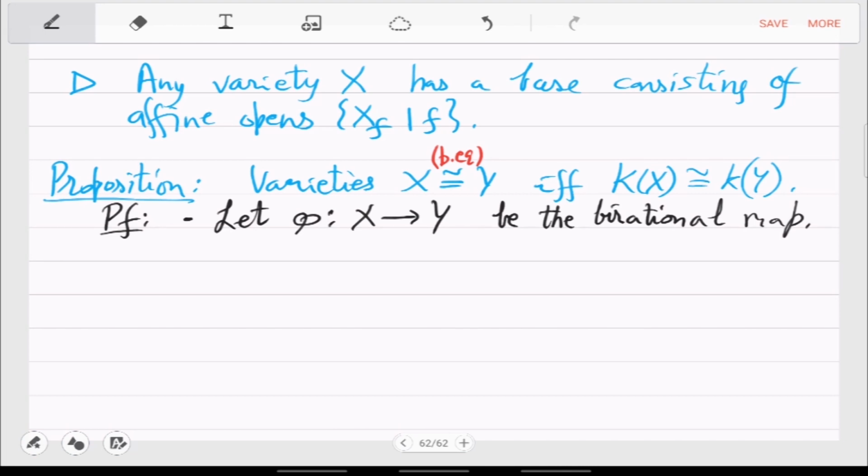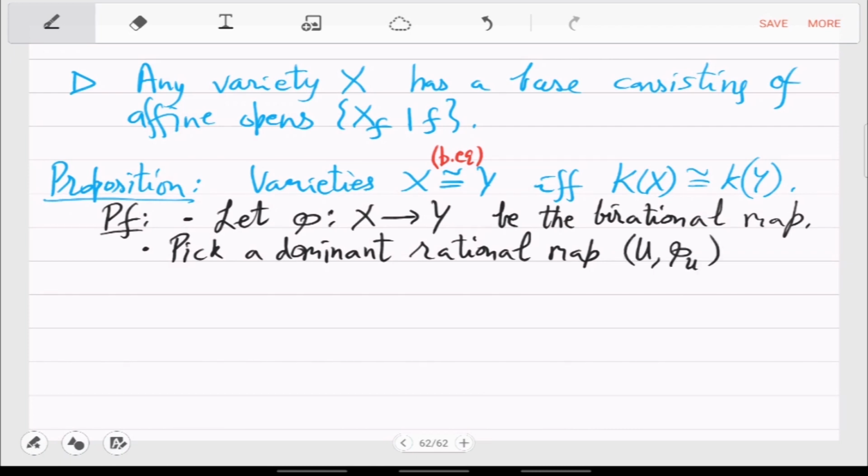And the idea is the same that I mentioned before, that you pick a dominant rational map phi on U, and pick a rational function on the RHS, which is K(Y).